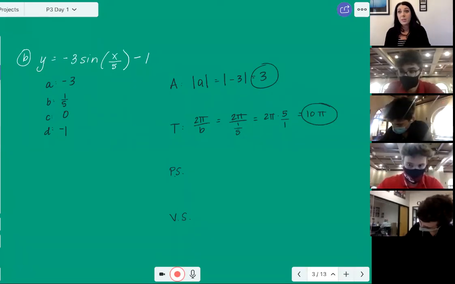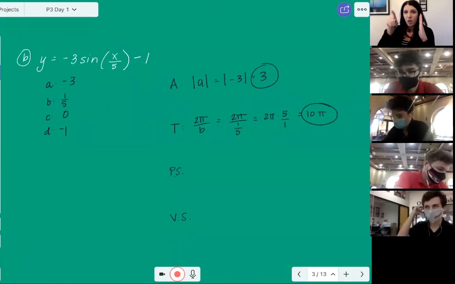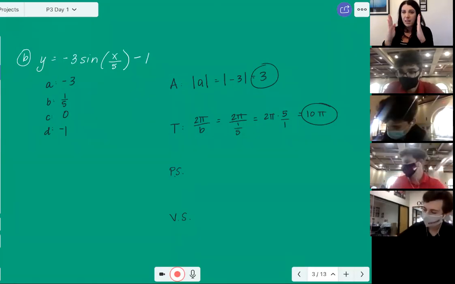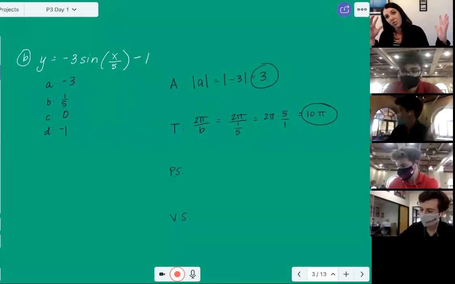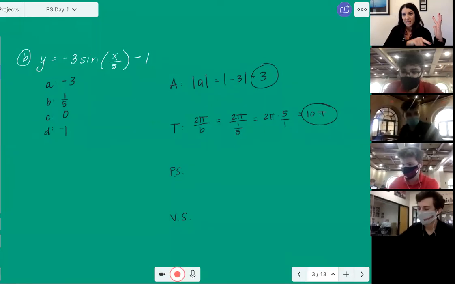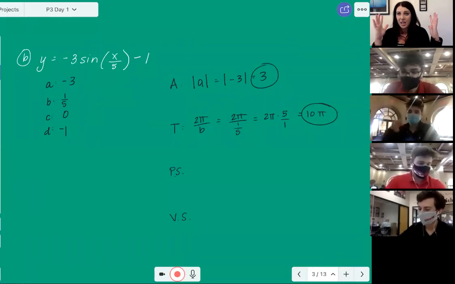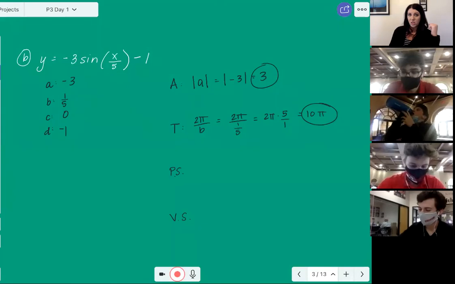Excellent job. My normal period is 2 pi, so I get through that normal curve in 2 pi. Now we're way stretched out, so it's going to go way slower. It's going to take all the way until we get to 10 pi to get to that same curve. It's going to really stretch it out horizontally.